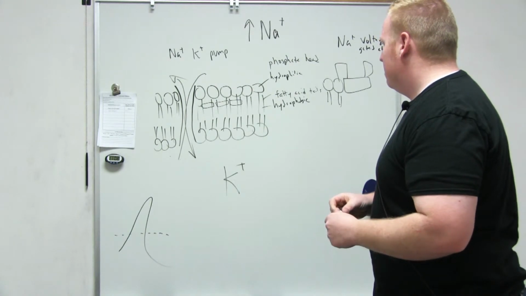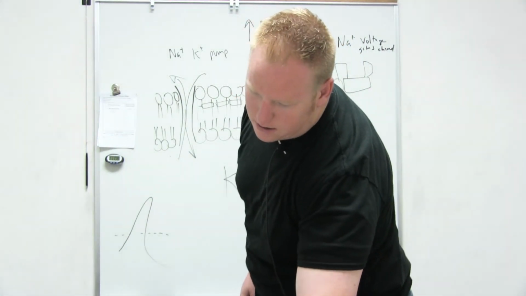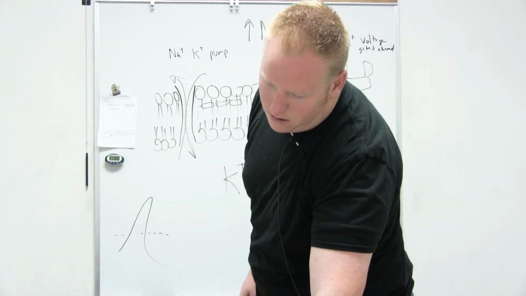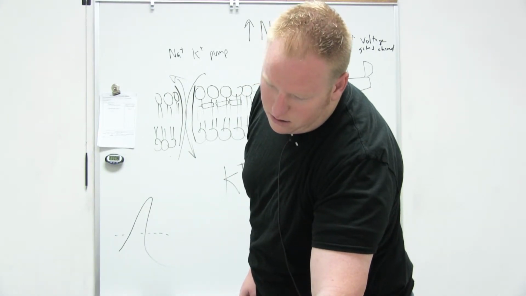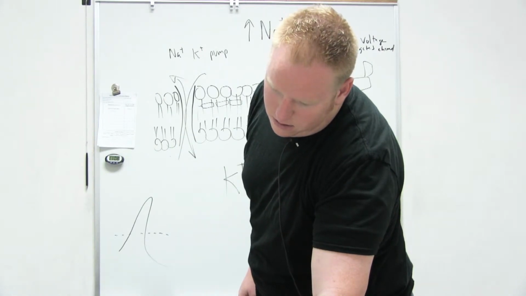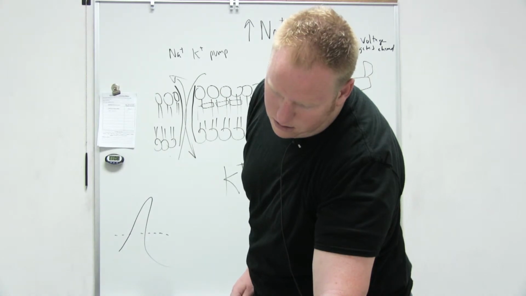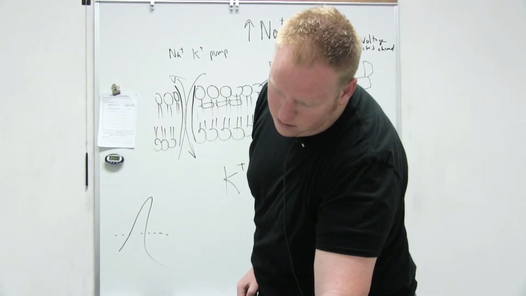So I don't know if there's anything more specific on your study guides. It just talks about the different proteins, the peripheral and the integral, and what their functions are. And then the role of carbohydrates in the cell membranes.